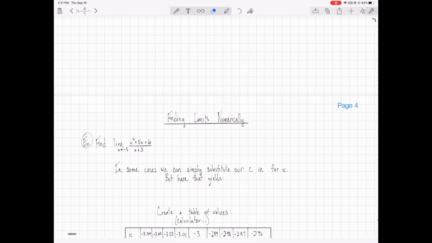So if I just plug in -3, well, the denominator is definitely going to be 0, so I know that's not good. And if I plug in a -3 up here into the top half, that's also going to be 0, because it would be 9 minus 15 plus 6. So that's going to be 15 minus 15, and that's 0. So we get this 0 over 0, so we can't do that.